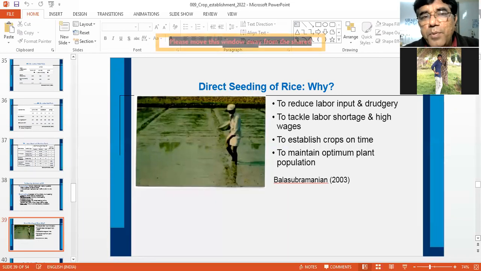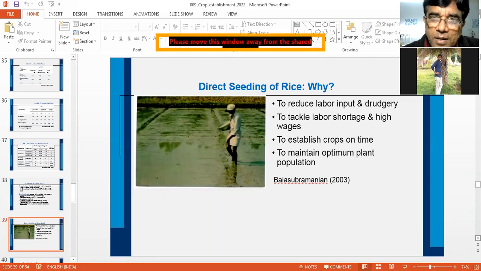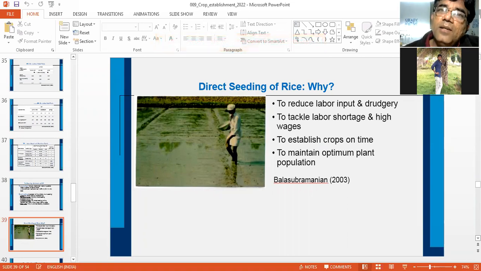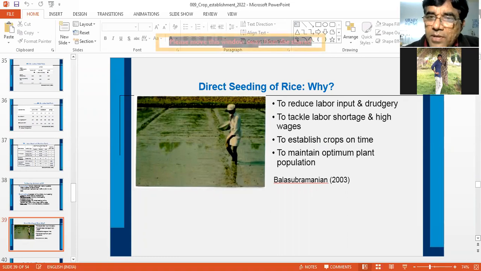Because of that, people want direct seeding. Second driver is labor shortage. Third driver is timely availability of the labor. Labors are not available in time. And another one is that now herbicides are available that can kill the weeds under direct seeding conditions. So that is also facilitating the acceptance of direct seeding, and it is saving the water.